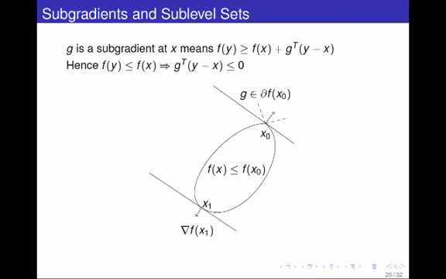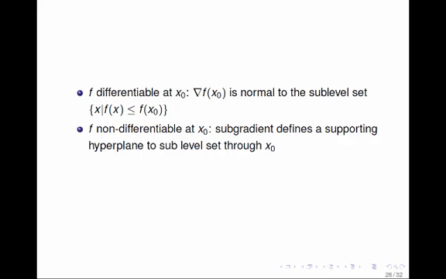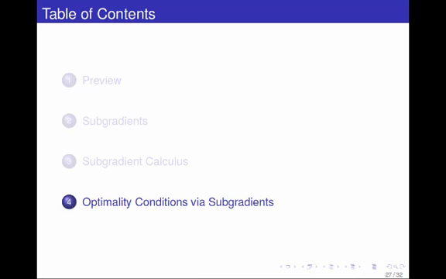Okay? So if I'm minimizing, and someone tells me that at point x0, the subgradient is this vector over here, I know that this entire half space over here is not worth looking for. So the search has to be limited to the rest of the space. We're going to use this property in the subgradient algorithm.